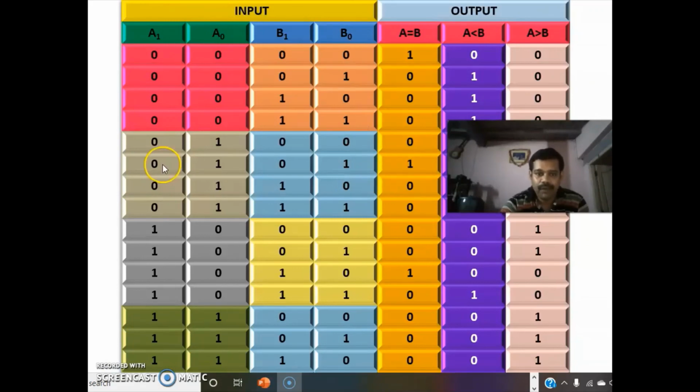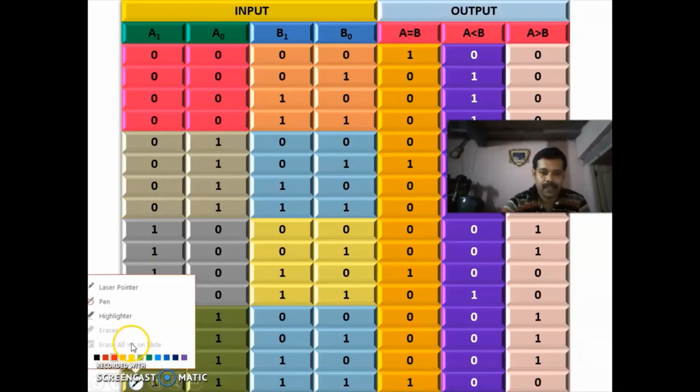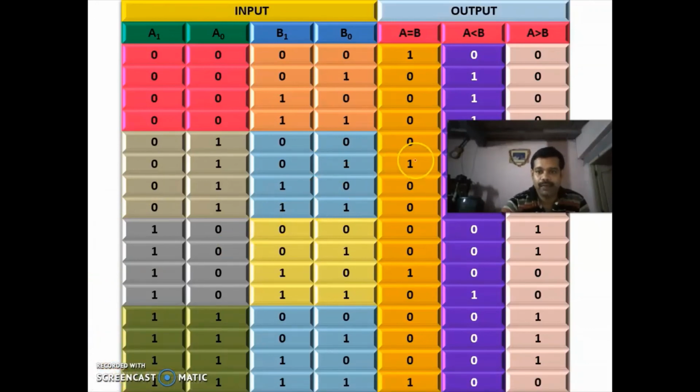Then we are having one for 0, 1, 0, 1. 0, 1, 0, 1 is nothing but 5. So for 1 we are having 1. Then you are having 1 for 5.